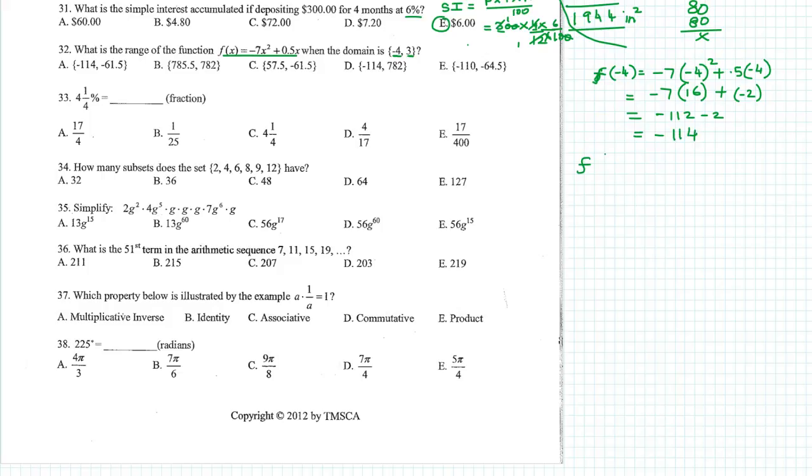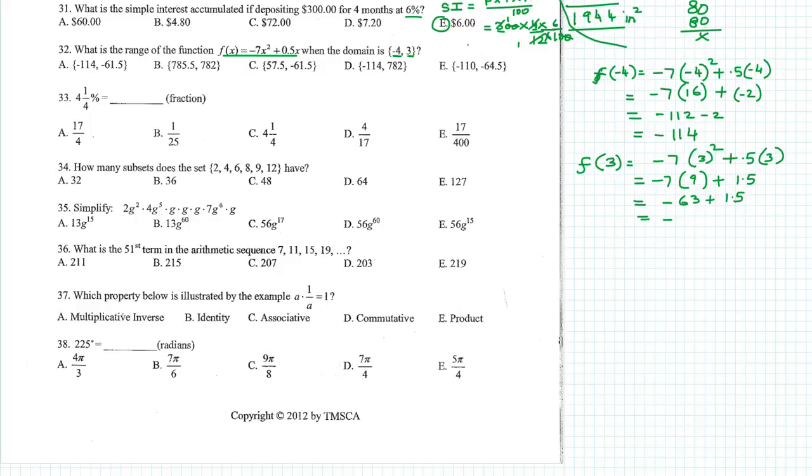The value of the function at x is equal to 3 is minus 7 times 3 squared plus 0.5 times 3. So minus 7 times 9 plus 0.5 times 3 is 1.5. So 7 times 9 is 63. So this is minus 63 plus 1.5.